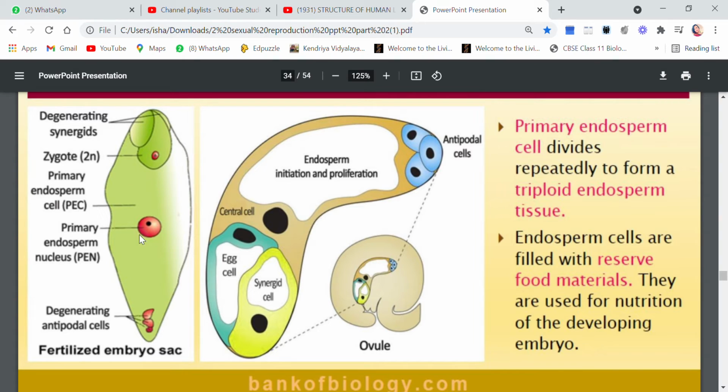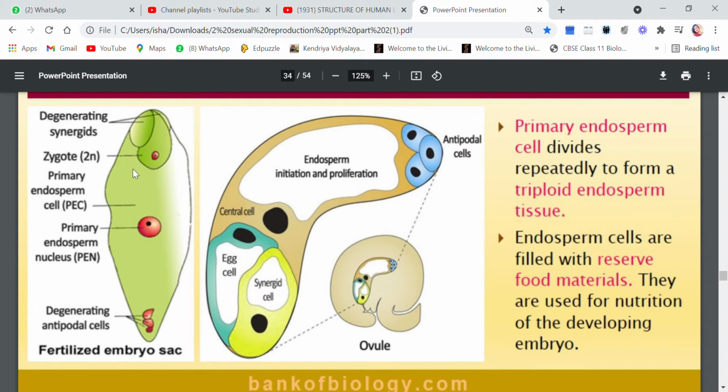So this is triploid. When this PEC is repeatedly dividing, which division is going on? Mitotic divisions are going on. So it will divide repeatedly and give rise to endosperm, and the endosperm is also triploid. Endosperm cells are filled with reserve food materials. They are used for the nutrition of the developing embryo.